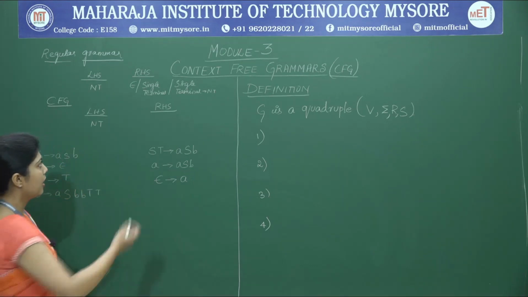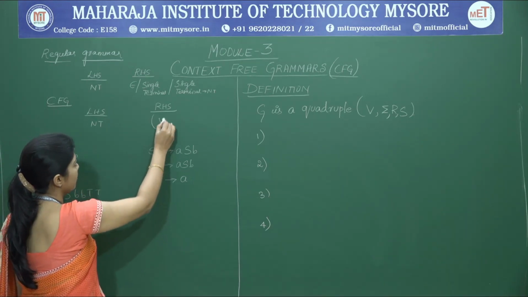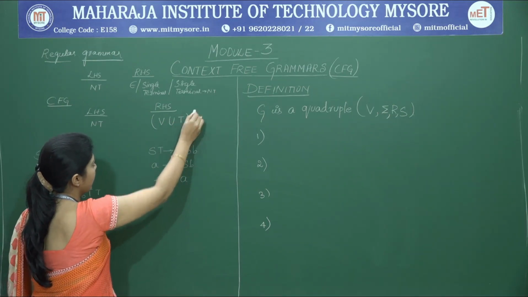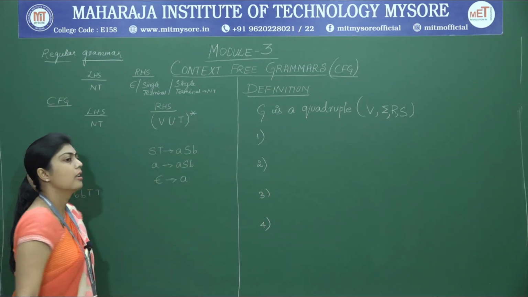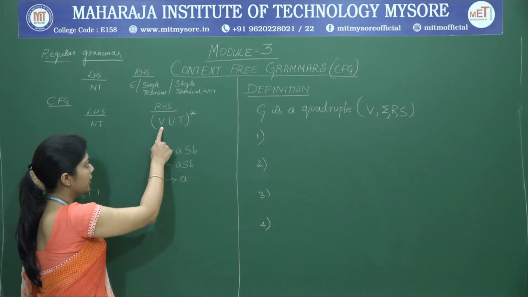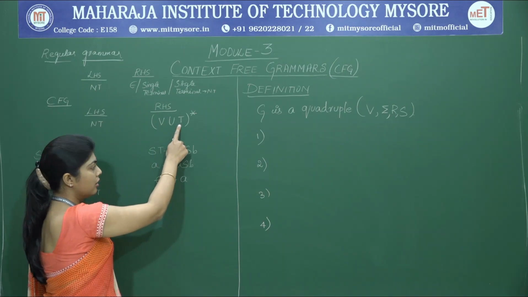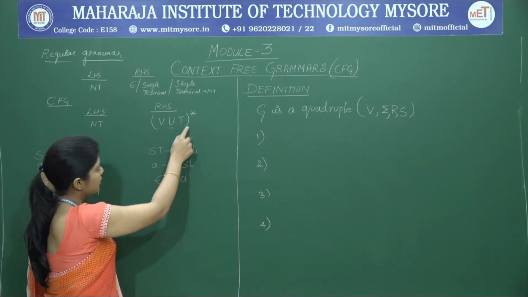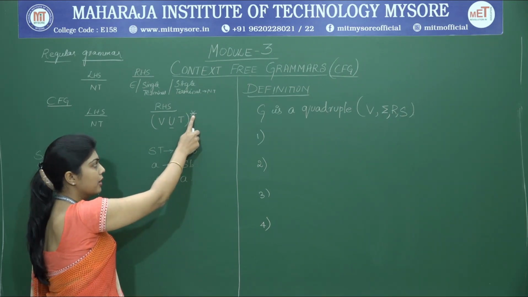So it could be either a variable or a terminal, in any number, on the RHS. This could be read as an OR, and this may appear any number of times.